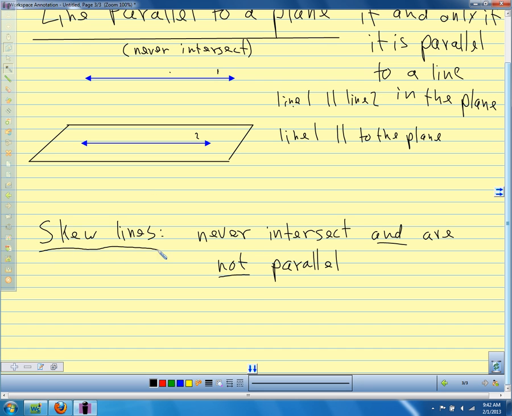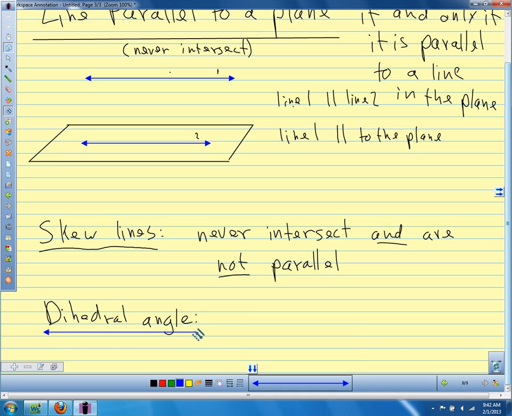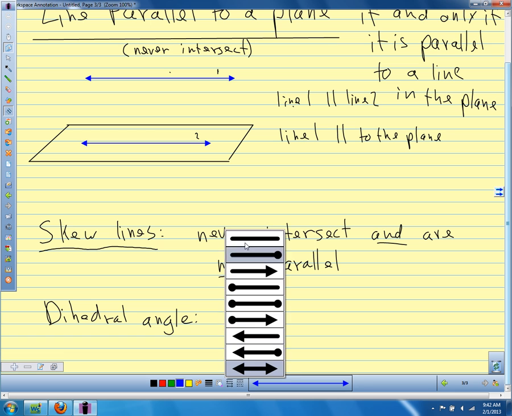Last thing we need to talk about today is what we talked about in the opener. The dihedral angle. Dihedral angle just means the angle between two planes.